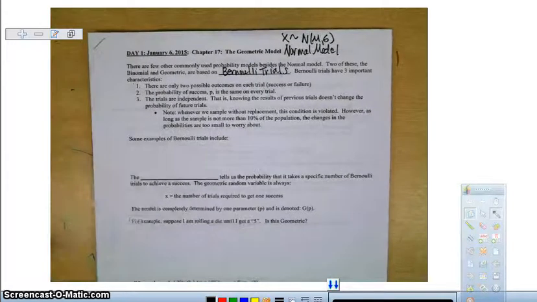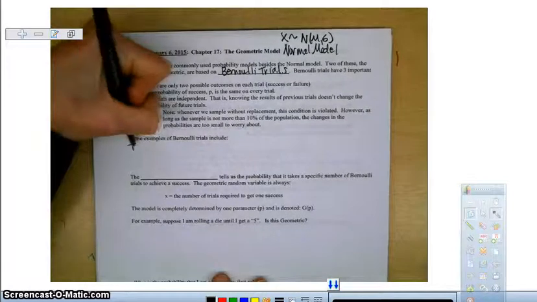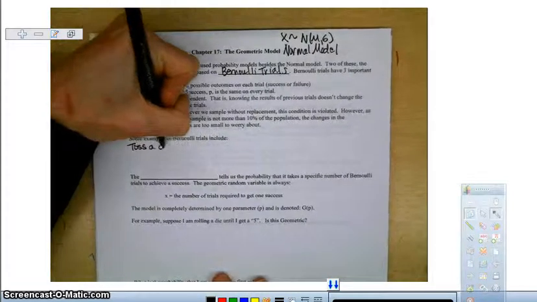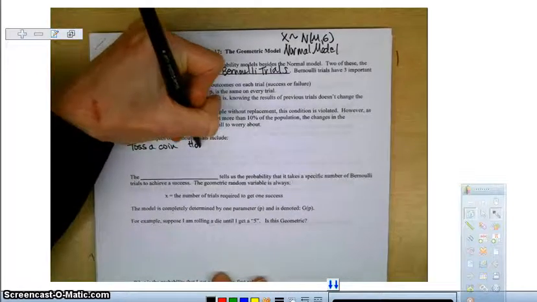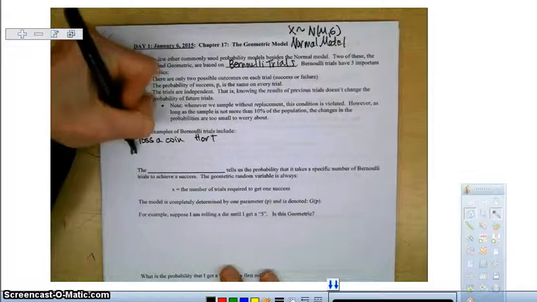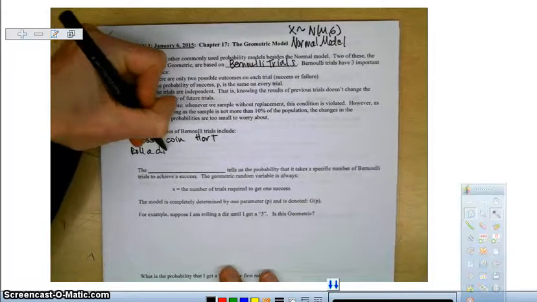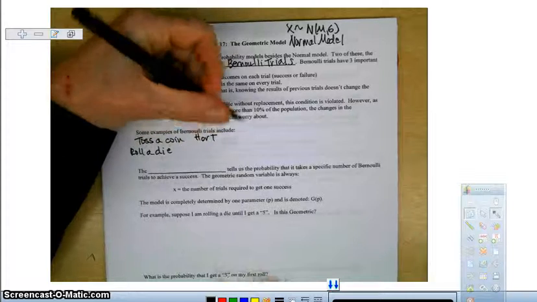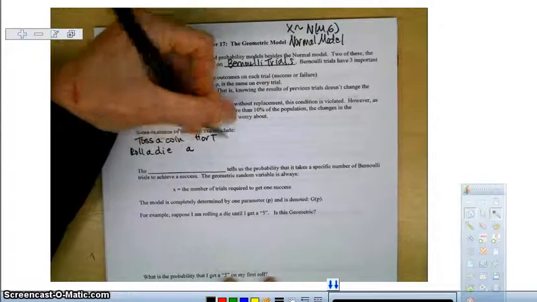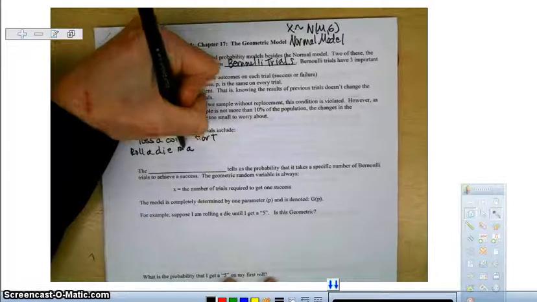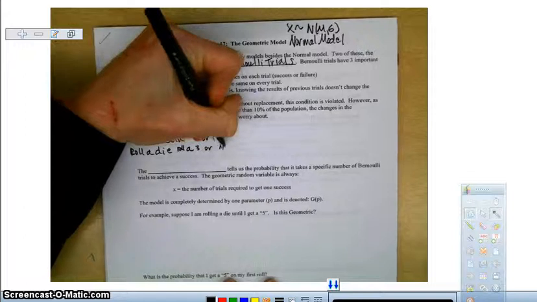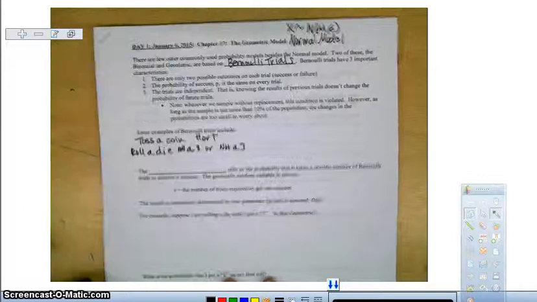Some examples of Bernoulli trials: toss a coin, you've got heads or tails. Roll a die, looking at rolling a 3 or not a 3, just as an example. So success, failure.